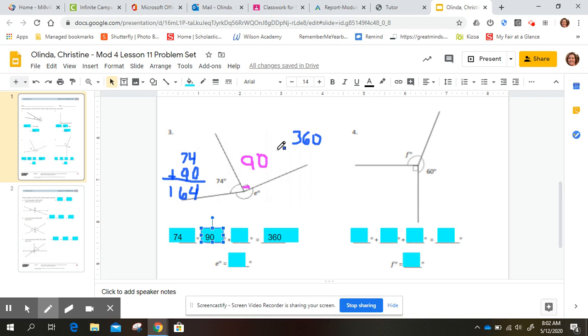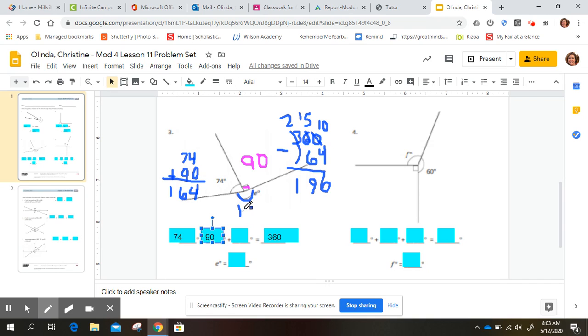and then I minus 164. And there we go, we gotta borrow again. And so 164 plus 196 will equal 360.